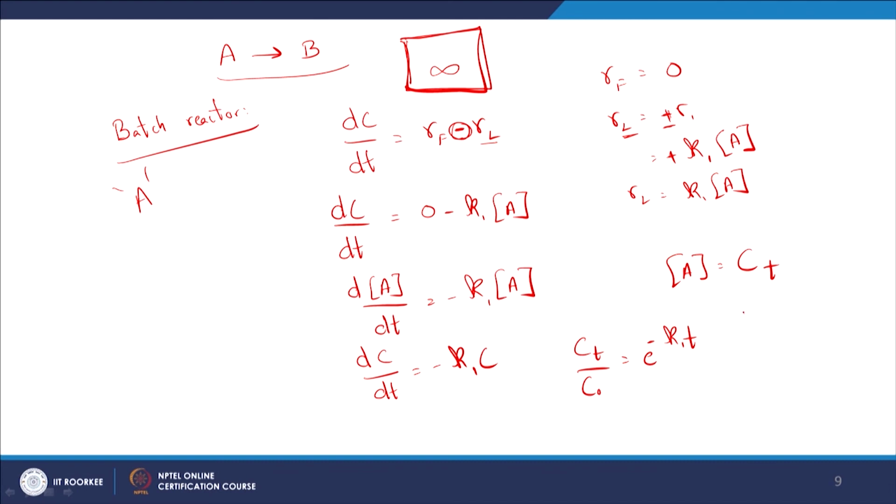And what does this mean? C versus time is an exponential decay, not a good figure here, but that should do for now, and C naught is the initial concentration, obviously.